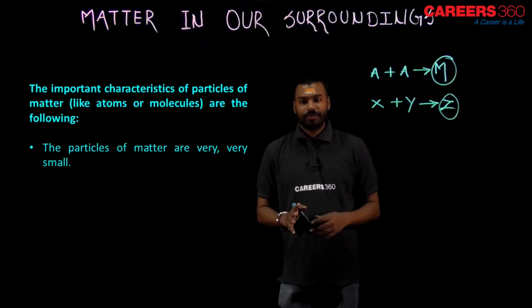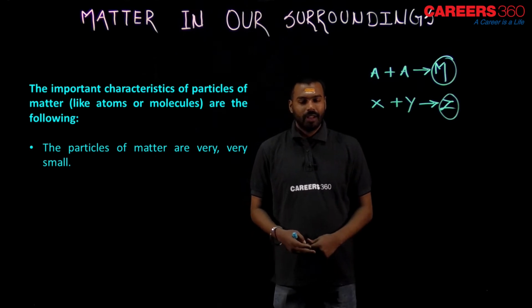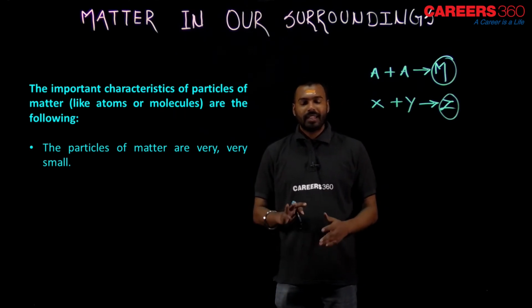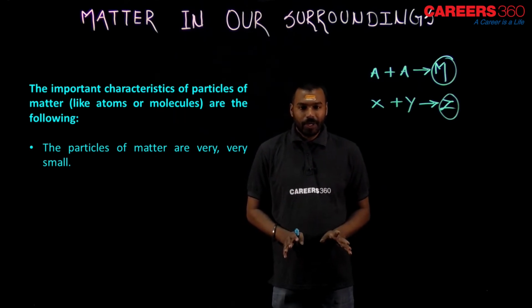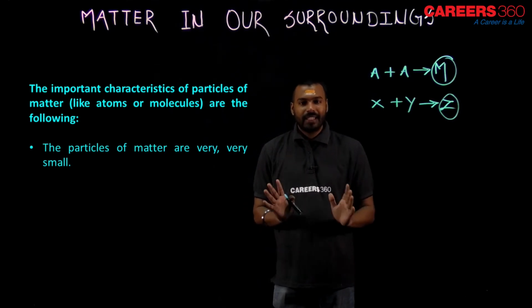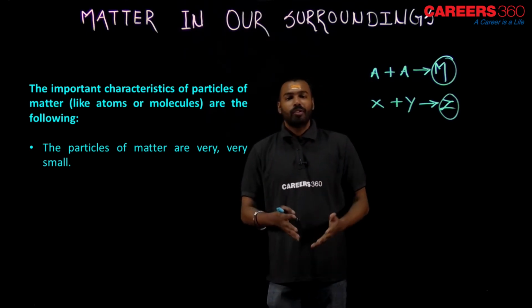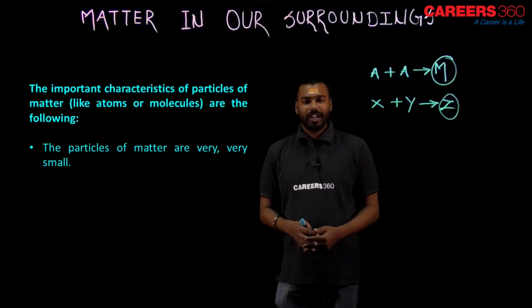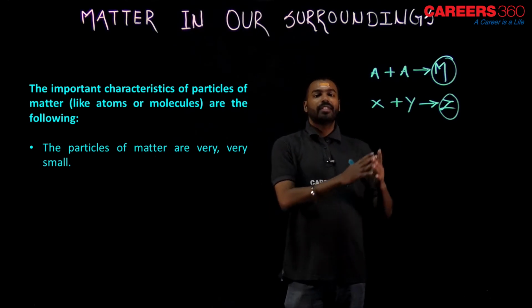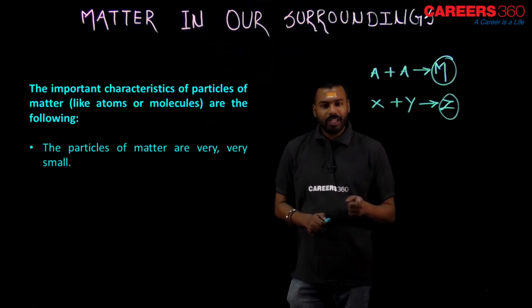Atom is the smallest particle in the universe. According to modern science, the atom is not the smallest particle, but in class 9th, in this chapter, the atom is the smallest particle, and from the combination of atoms, molecules form, then compounds form, like that. So the particles of matter are very small.